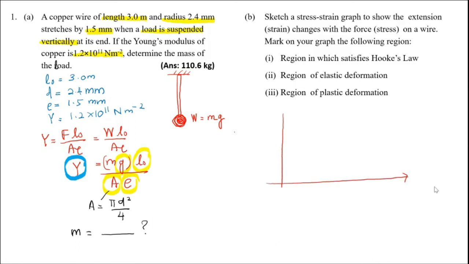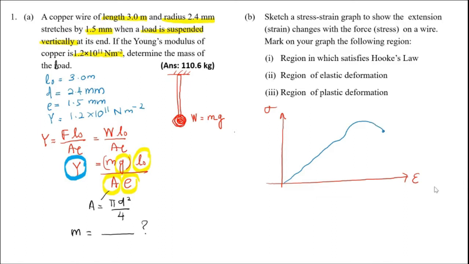So we're going to plot the graph of stress against strain. For wires, the shape of the graph that we're supposed to draw is straight initially, and then curves a bit, reaches maximum stress, and then the failure.